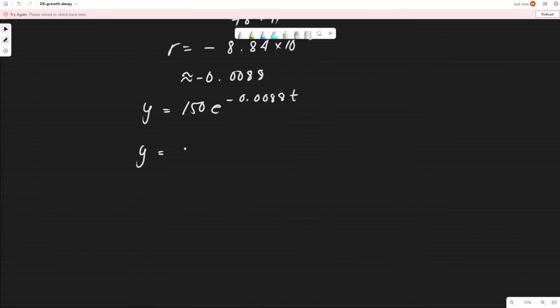Y is equal to 150 e raised to negative 0.0088 times 45 hours. That is what we are asked to compute. You can directly input this to your calculator.